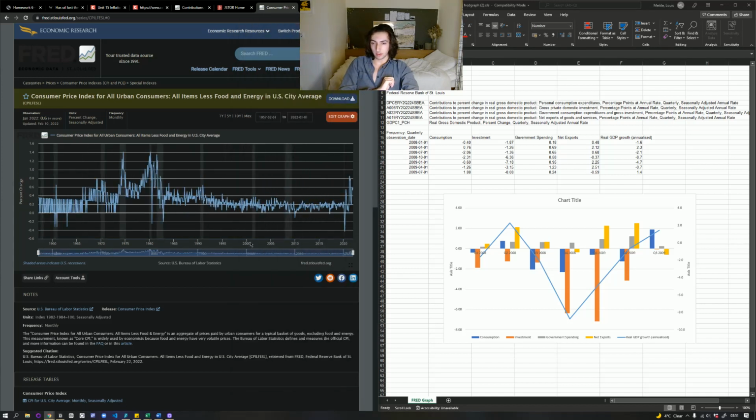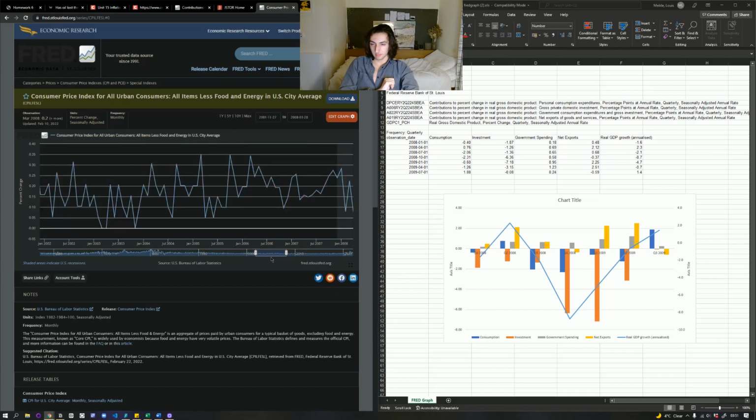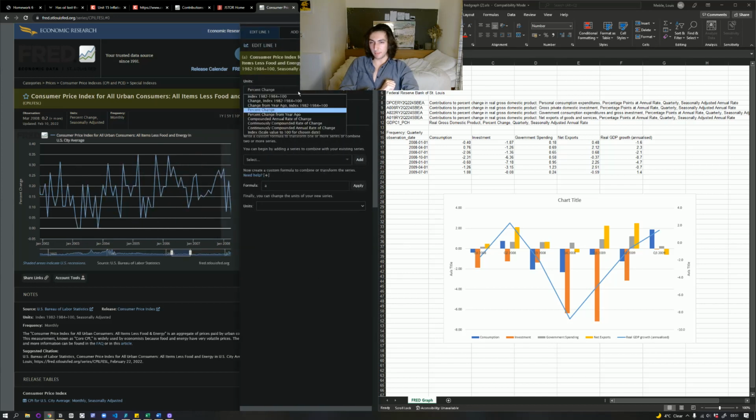So from, it said 2000, roughly 2002, right? To 2008, something around that. Not particularly, no. So you see consumer price index here? It obviously has a percentage change, but overall I'm seeing it's holding fairly constant. There is maybe a slight increase here, but it's very ambiguous. Let's look at the index.